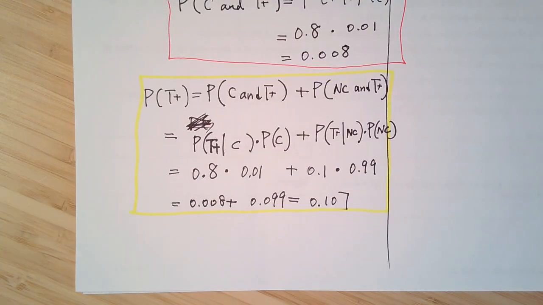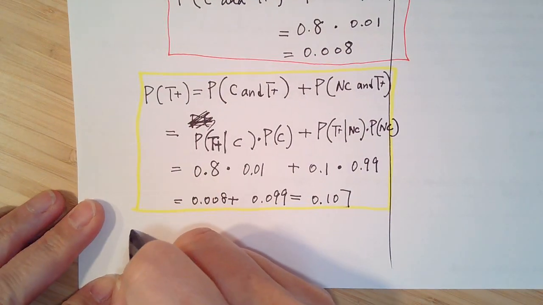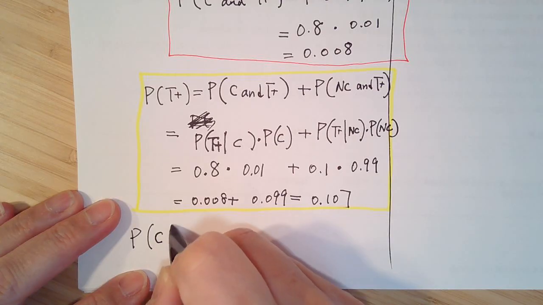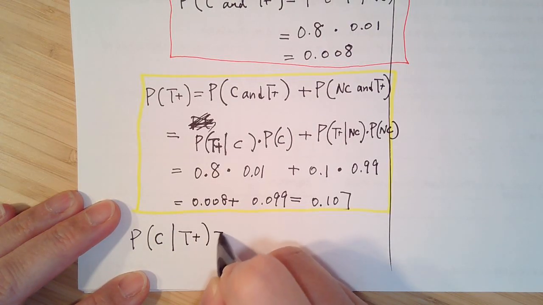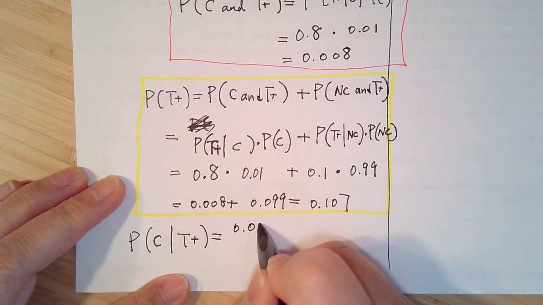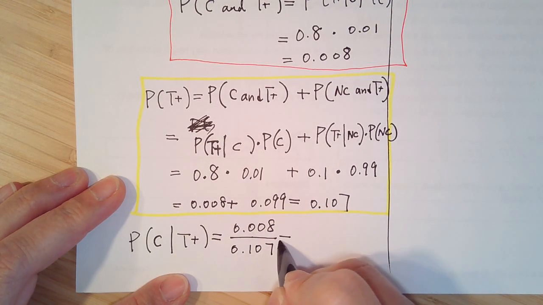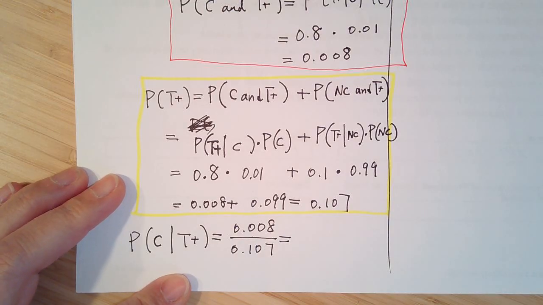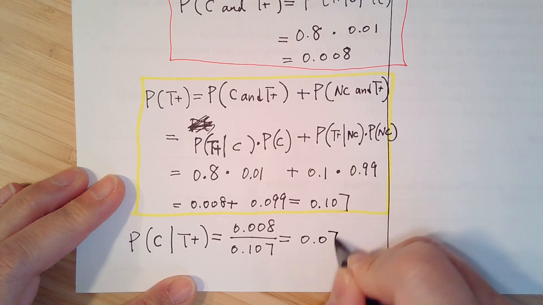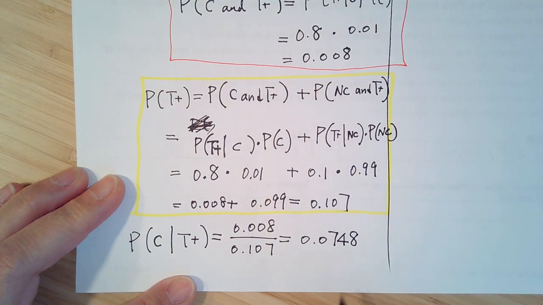So the answer for this question, the probability that this person actually has cancer given the test shows positive, is 0.008 divided by 0.107. Guess what? The chance is 0.0748.